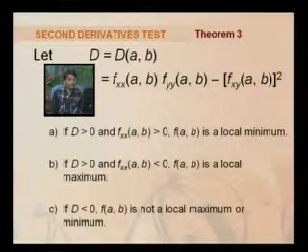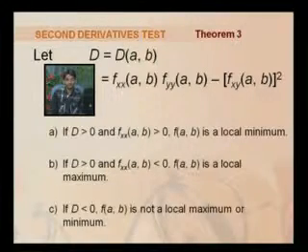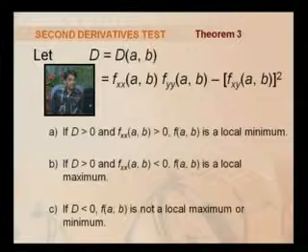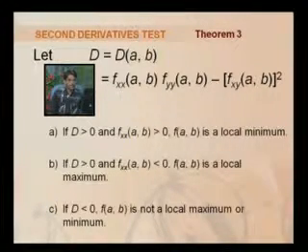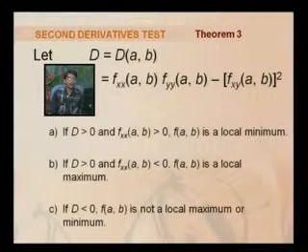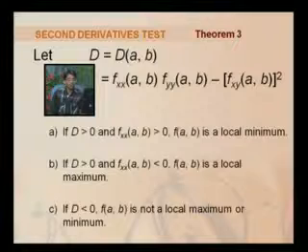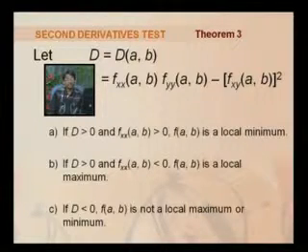If D is less than 0, note that the value of the function at the point (a, b) is not a local minimum or local maximum. Before this test, we are not able to say whether the function is maximum or minimum at a critical point.